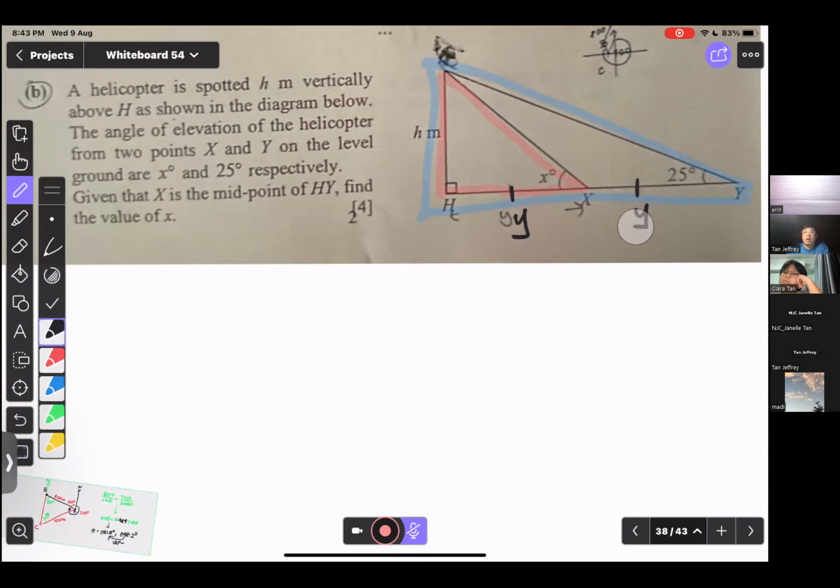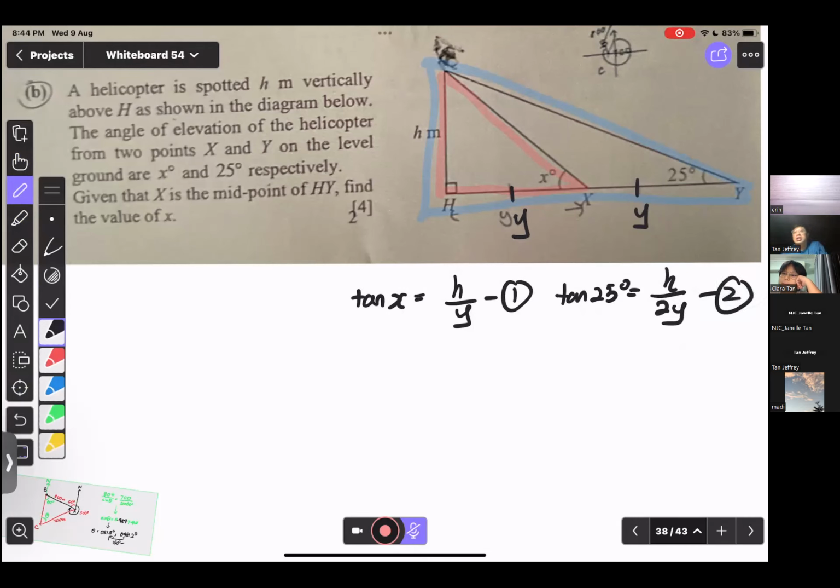If you look at the red triangle, can you say that tangent X is the same as H over Y? Yep. You look at the blue triangle, can I say that tangent 25 degrees is H over 2Y? Yeah. This one is a simultaneous equation. You had this question in your JH2 quiz.